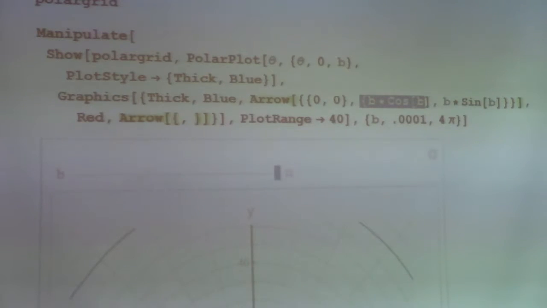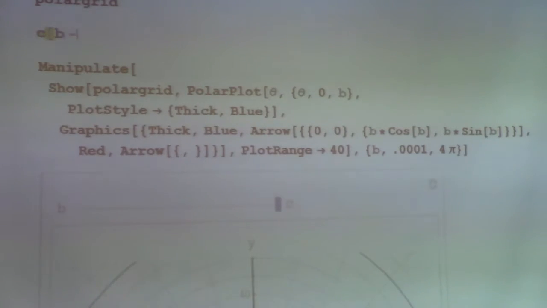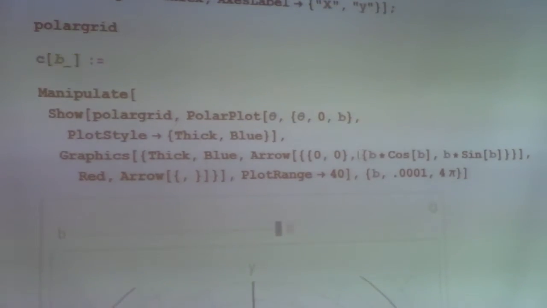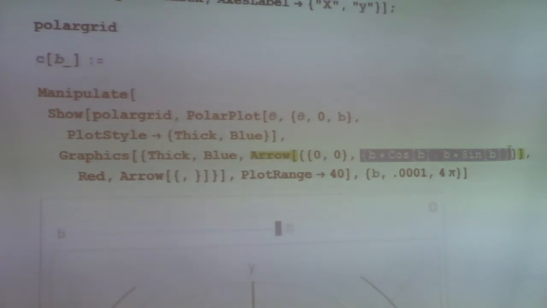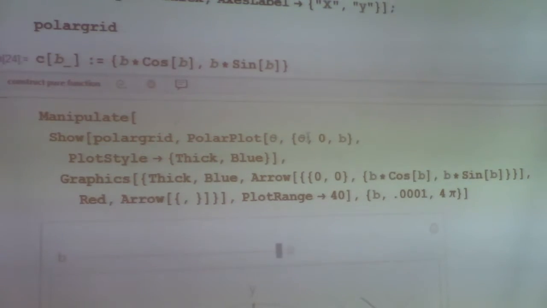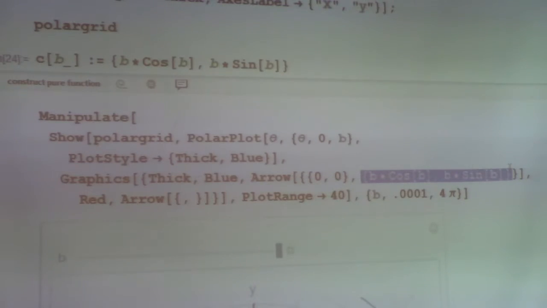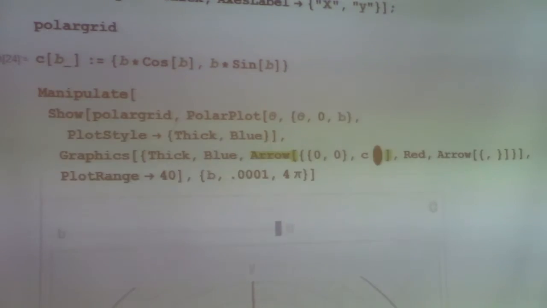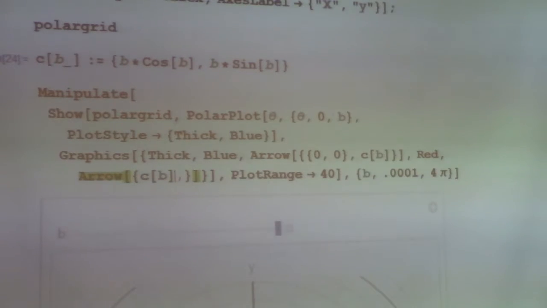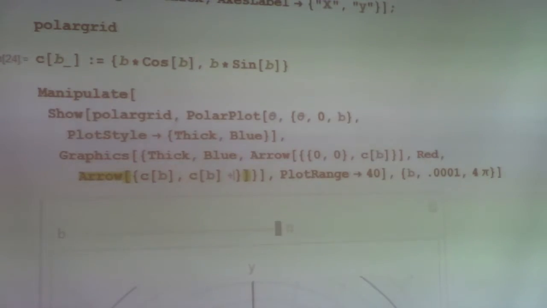I wonder what the most efficient way to do this is. I think the more efficient way would be, kind of like in my videos about parametric curves, to define a new function, c of b. Let me just copy and paste this up here, and instead of having this stuff, I'll just put c of b. Then here I can put c of b, and then c of b plus c prime of b.